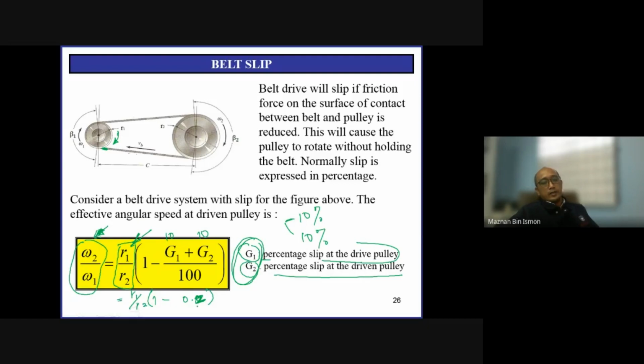So this is the ratio. So at the end the velocity ratio is equal to R1 over R2 times 0.8, if there is slip, the slip percentage. Okay.